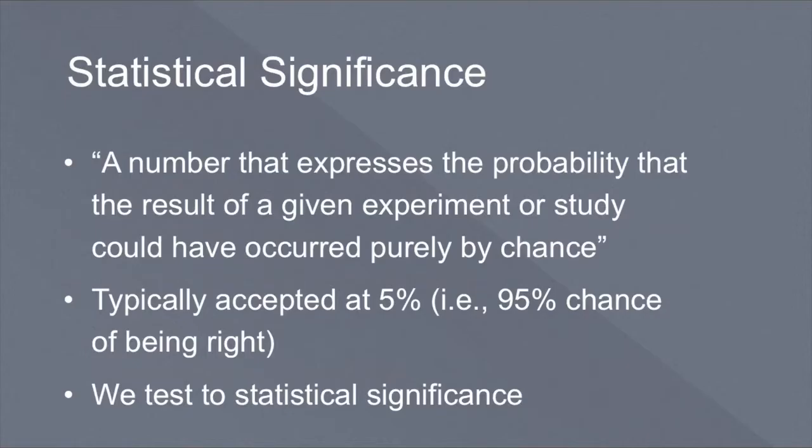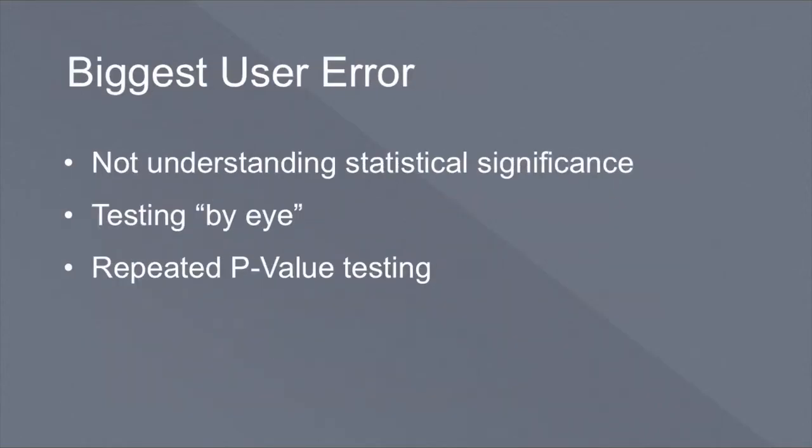So that's all it means. It means how likely am I to be right? And we generally work to a 1 in 20 chance of being wrong. That's where most users get it completely and utterly wrong.